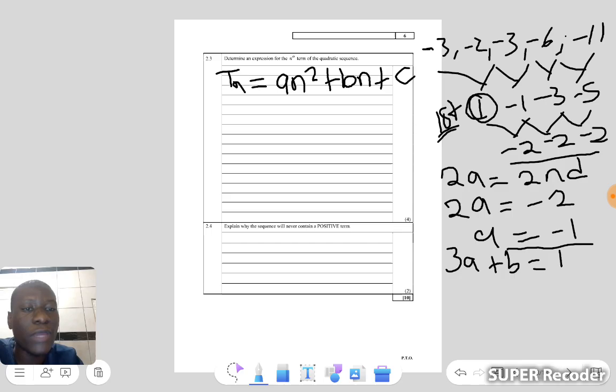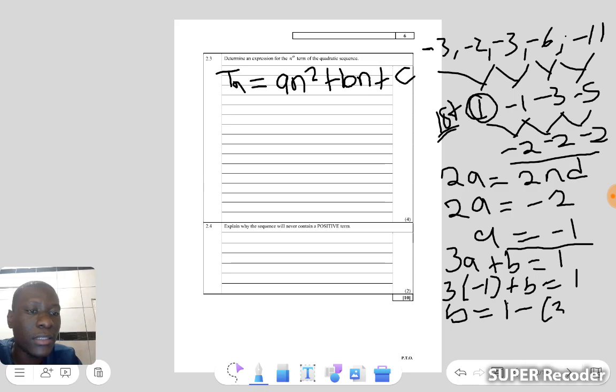We already have a, so we substitute our a, which is negative 1, plus b equals 1. To solve b, our b will be equal to 1 minus 3 minus 1. So b equals positive 4. That is our b there.